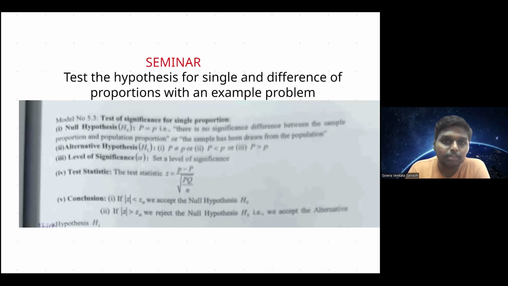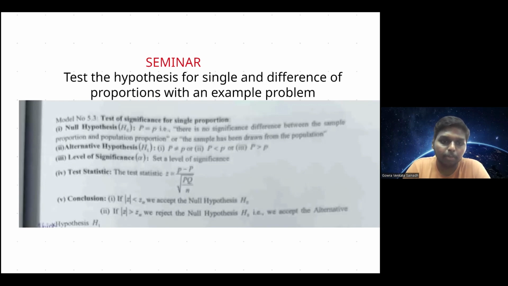Next, let's go with the alternate hypothesis, which is H1. Here the sample proportion and population proportion are either not equal, less than, or greater than. So here we can see P not equal to P0, P less than P0, or P greater than P0. Now, the level of significance alpha is the level of significance which we saw before, like 1%, 5%, etc. And now let's take the test statistic.